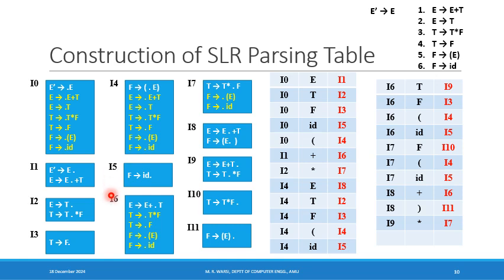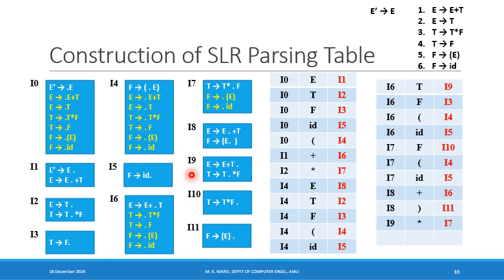I now move on to the next state, which is I6, and consider the transition from I6 state. If I look at the first two LR0 items in I6, after the dot, I have the variable capital T. So from I6 state on capital T, there will be a transition, and I'm going to I9 state.